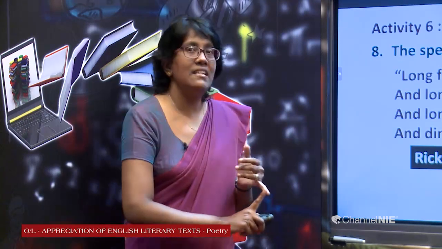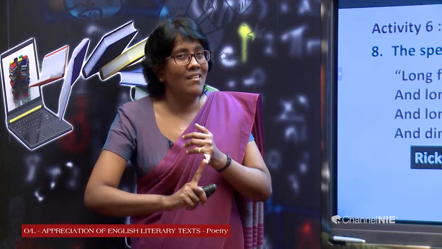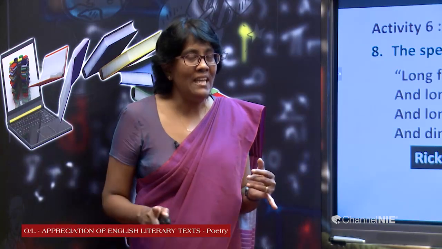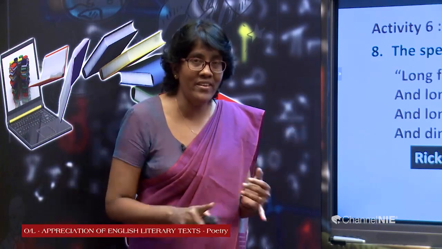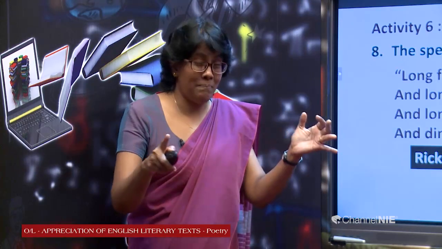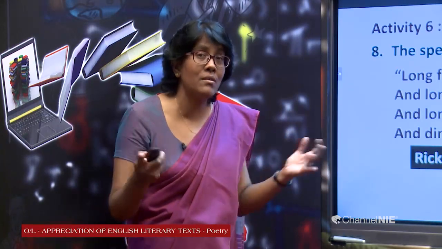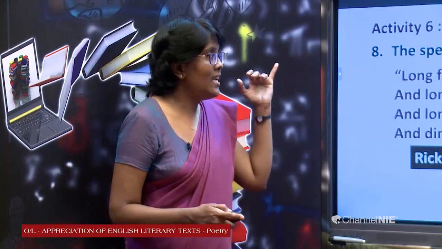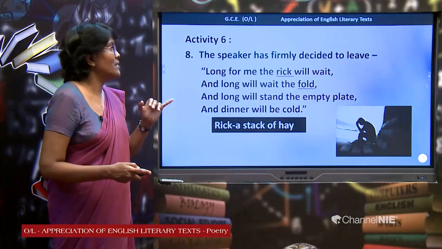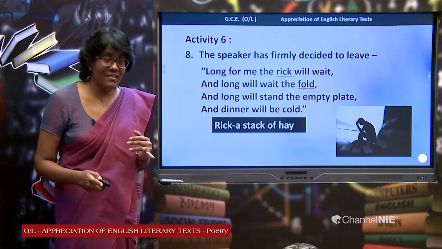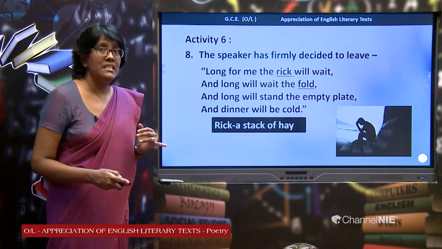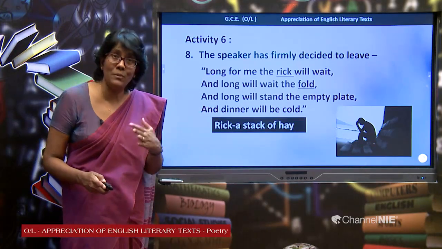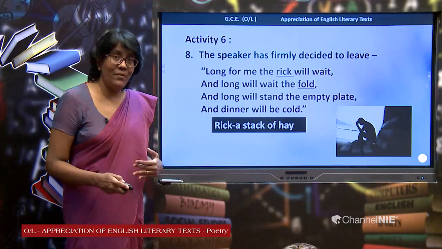He says he's going to miss his family, his mother, the places that he used to be. He will not be able to have the rick or the fold. He will not be able to help to have food on the plate, right?